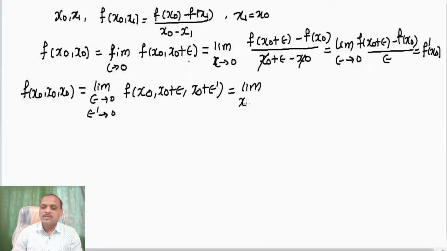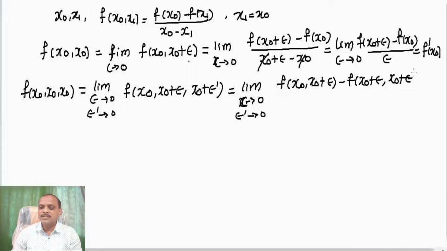This is equal to limit epsilon tends to 0, epsilon dash tends to 0, of f of x0 comma x0 plus epsilon minus f of x0 plus epsilon comma x0 plus epsilon dash, divided by x0 minus epsilon dash.